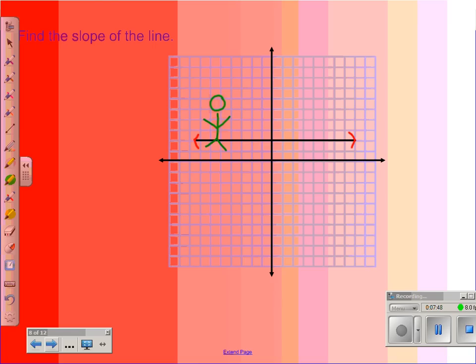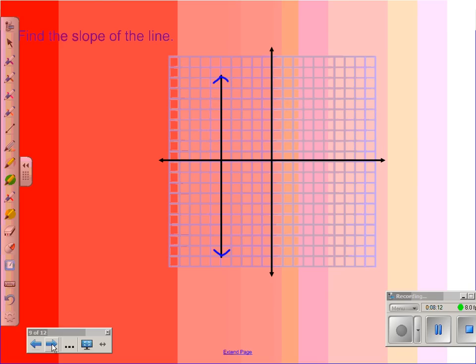And so we say that the slope of this line is 0. I'm not going up, I'm not going down, but I can in fact stand on it. So we say m is equal to 0.